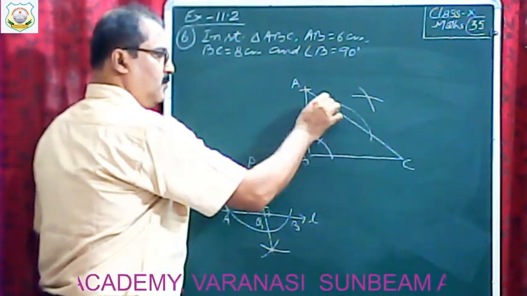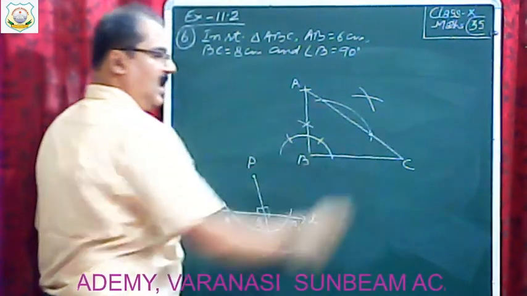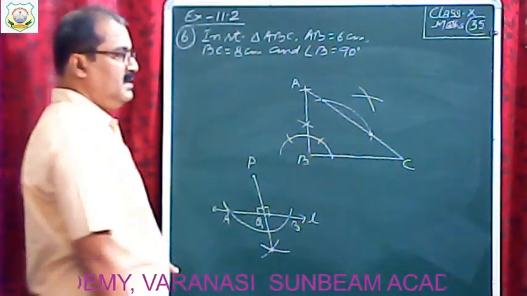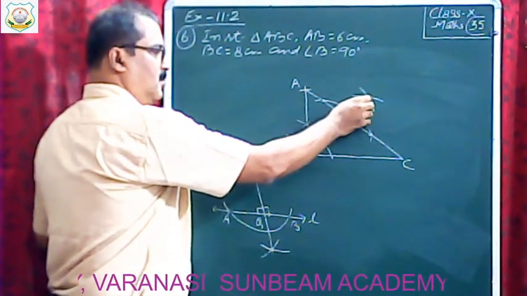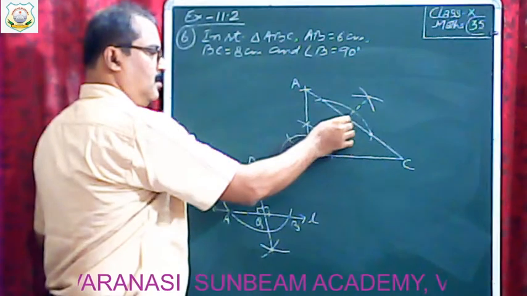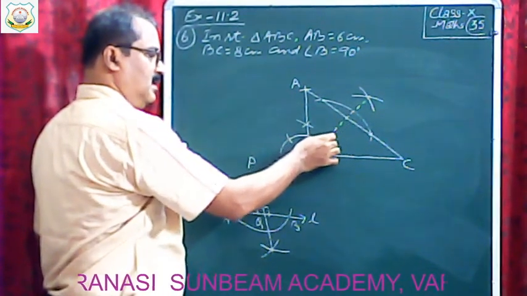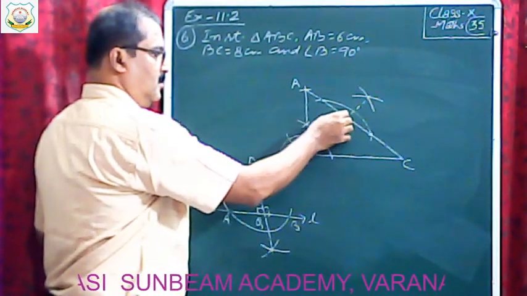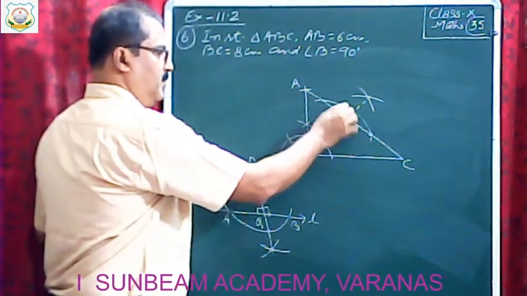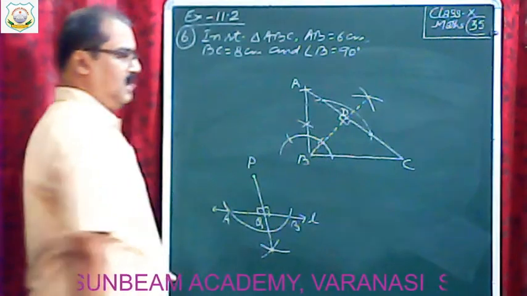From these 2 points, we have drawn 2 arcs of same radius intersecting at a point. Now join this point to the given external point, that is B. BD perpendicular to AC you have drawn.